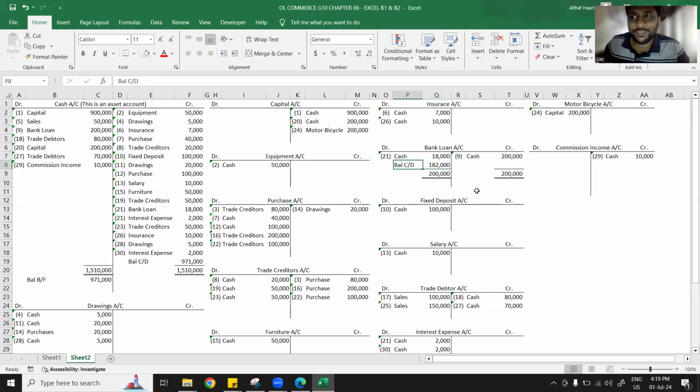Balance CD is like closing balance. You took a loan of 2 lakh. Of that 18,000 settled. So you have to pay only 182. So on the other side, write balance BF.